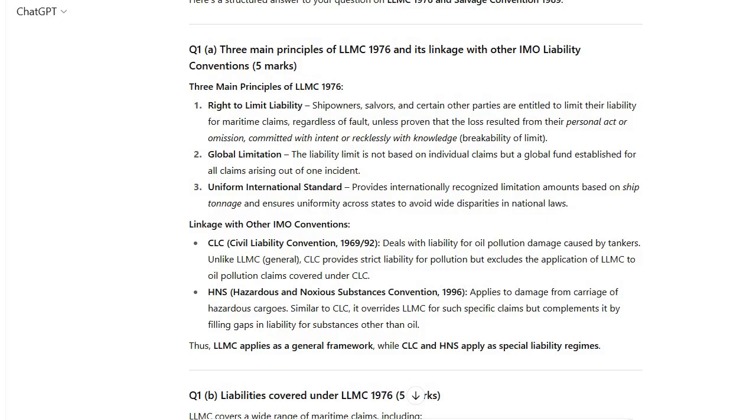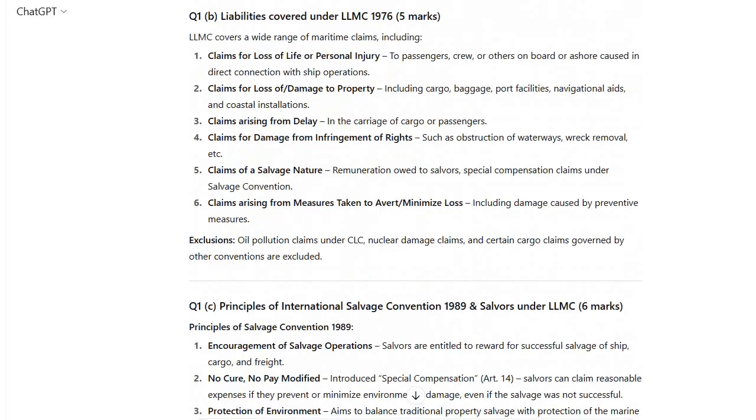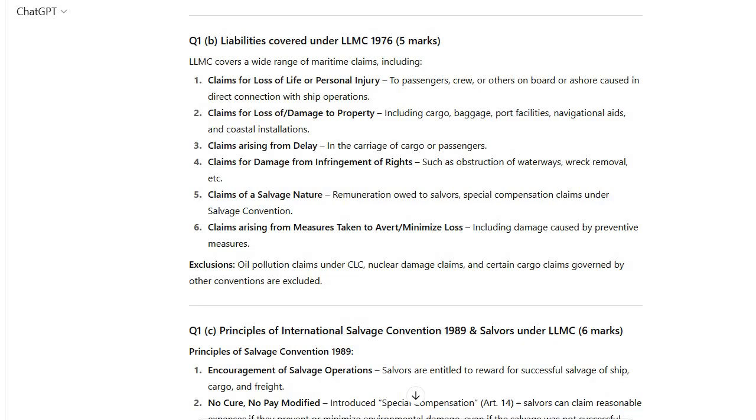Now coming to liabilities covered under LLMC. LLMC covers a wide range of maritime claims, including claims for loss of life or personal injury to passengers, crew, or others on board or ashore, caused in direct connection with the ship's operation. Claims for loss of or damage to property include cargo, baggage, port facility, navigational aids, and coastal installations. Claims arising from delay in the carriage of cargo or passengers.